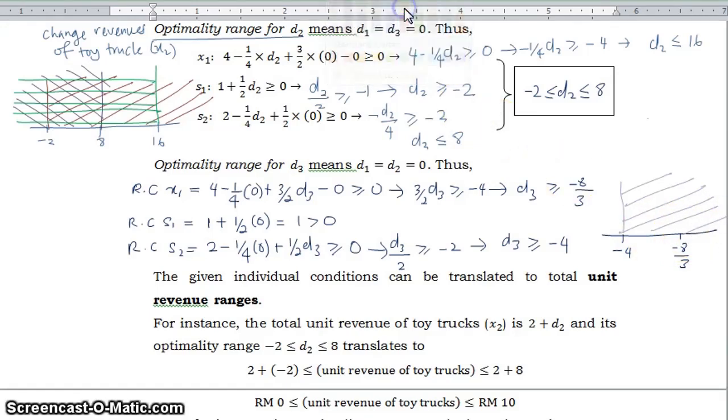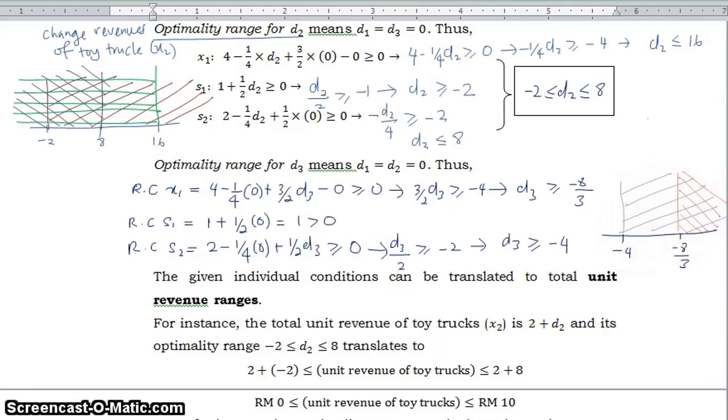And next, for D3 greater than or equal to negative 8 over 3, also on the right side of negative 8 over 3.